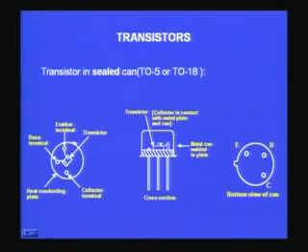So this tab is used in identifying the different pins in this type of metal can, and you should always remember it is a bottom view of the can that we should consider when we want to identify the pins. Whereas in the case of ICs, later on you would find you should always look from the top view. Here we have to look at the bottom view and then identify the pins.